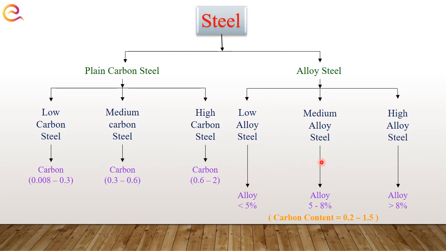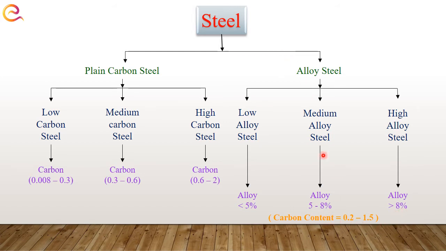Then if the percentage of alloying element varies between 5% to 8% of total material, then that material is called medium alloy steel. Then in high alloy steel, the percentage of alloying element is more than 8%.